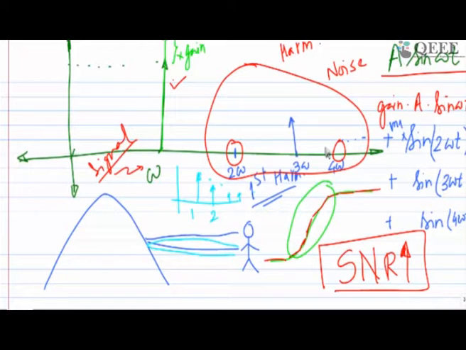So effectively the noise floor, earlier in the presence of even harmonics, let's say the noise floor average value was here. Now the new average value goes down, removing even harmonics. So if this noise floor is going down, your signal to noise ratio becomes better and better.